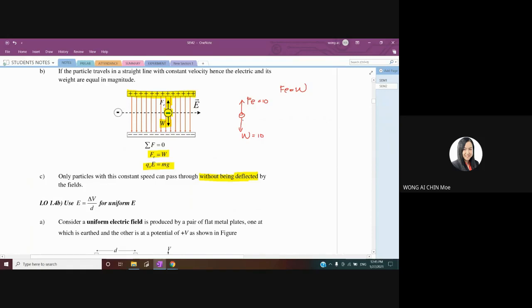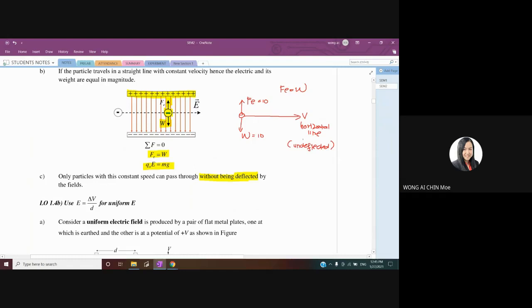So your charge is not pulling upward and not pulling downward. It will continue to move along the horizontal line, or we can say it is undeflected. Tak dipesong ke atas, tak dipesong ke bawah.